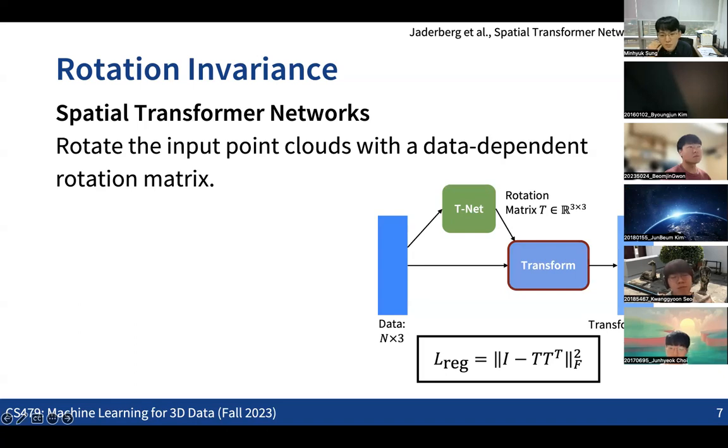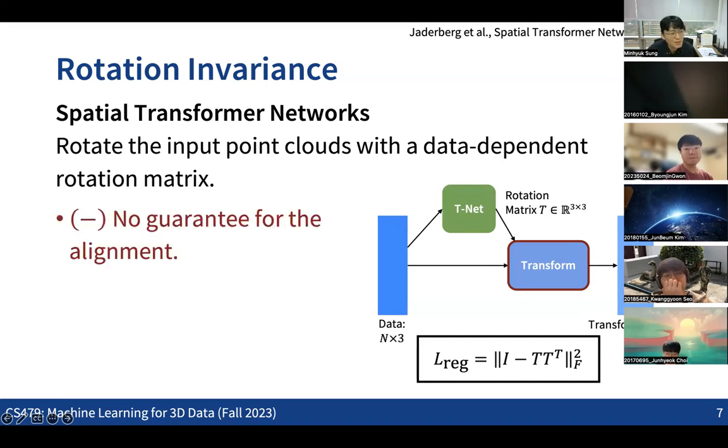Yeah, so it can also be slow, but the more critical thing is that we are applying the rotation to the input point cloud in a way that all the input point clouds can be aligned into some canonical pose. But the obvious limitation is that there is no guarantee for this kind of alignment.